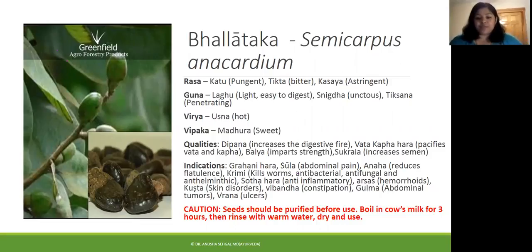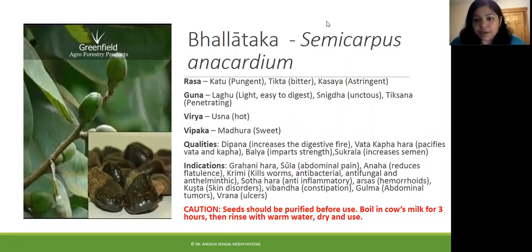Some added ones here are that it is used for kushta, skin disorders, constipation, gulma, abdominal tumors, and for vrana, all types of ulcers. So that's infective ulcers, ulcers internally, and ulcers externally.